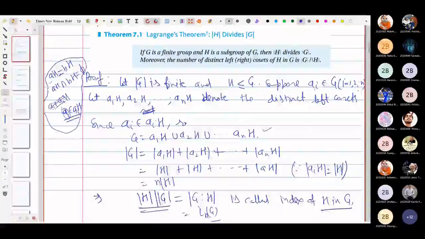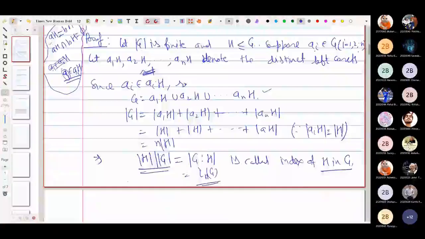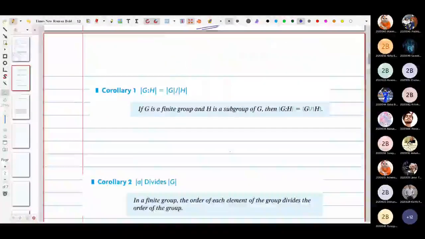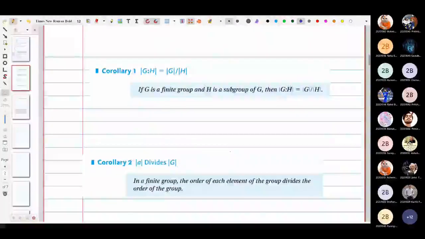So after taking the summation, we arrive at the number of elements in G equals n times the order of H. And this implies that the order of H divides the order of G. Okay. So next corollary, this is about the index of H in G. Okay.